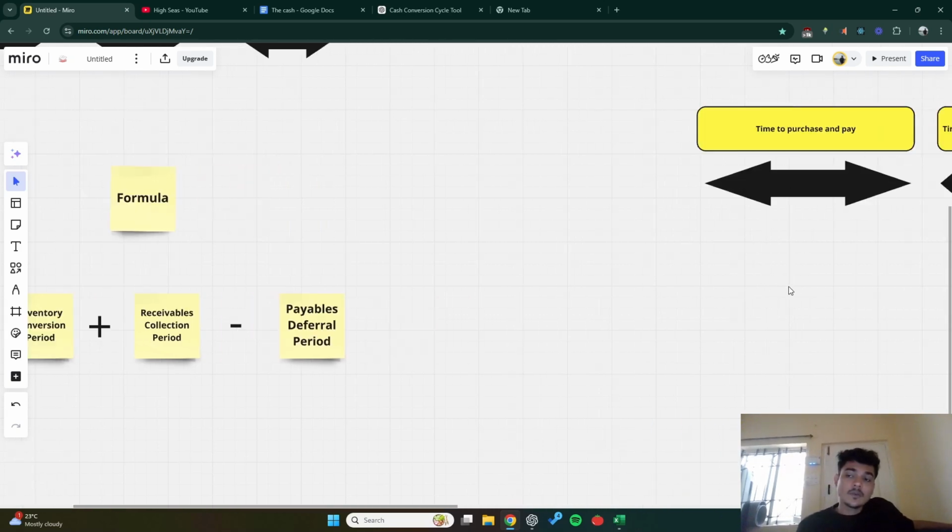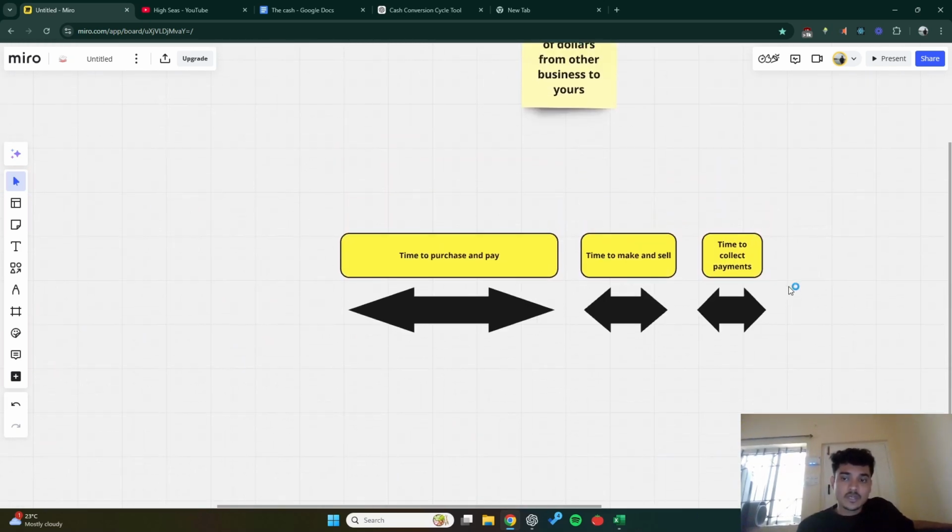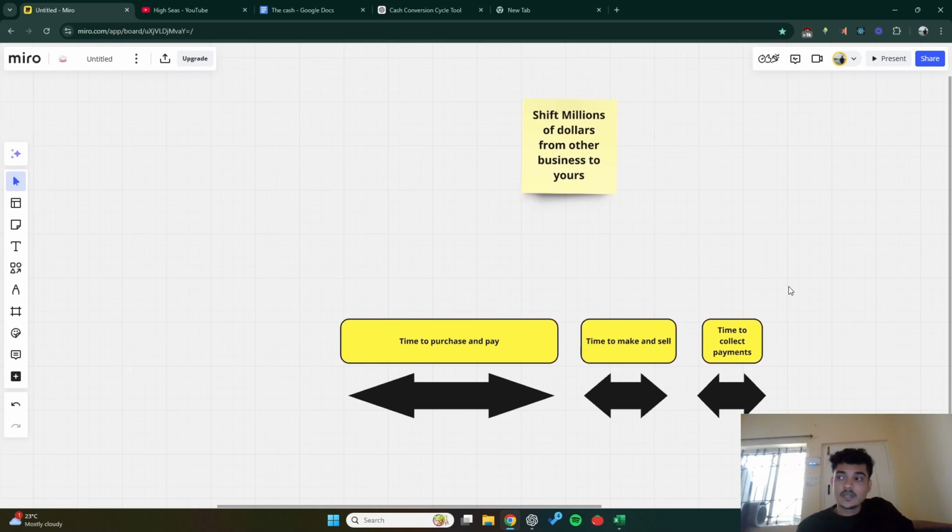You must be wondering why people even use this, and what the main goal of this is. The goal is to shift dollars from other businesses to your business. So how do you do that? You need to decrease the time it takes to collect payment. You need to get the money fast from the customers.